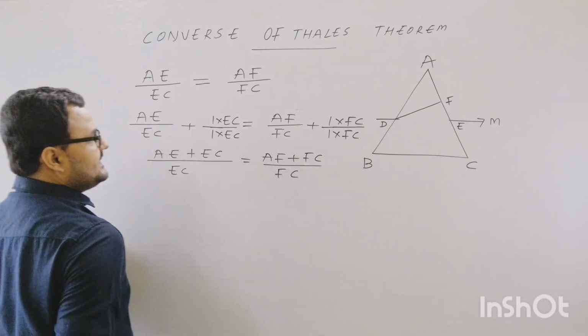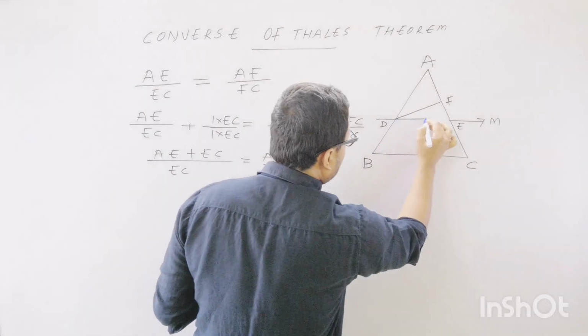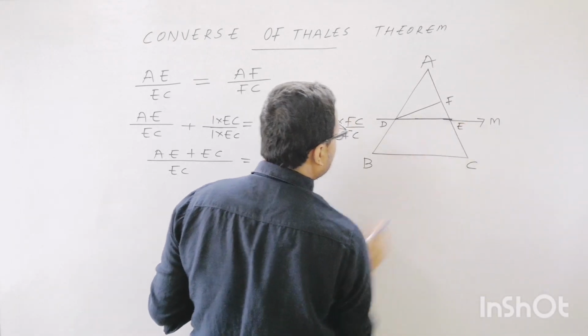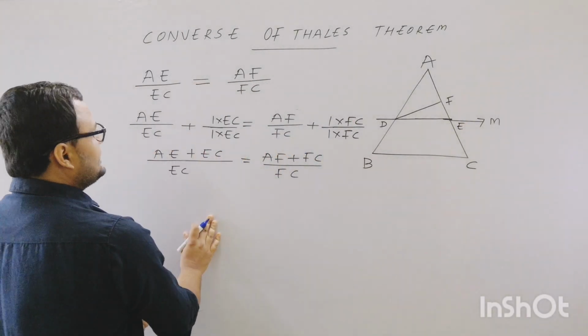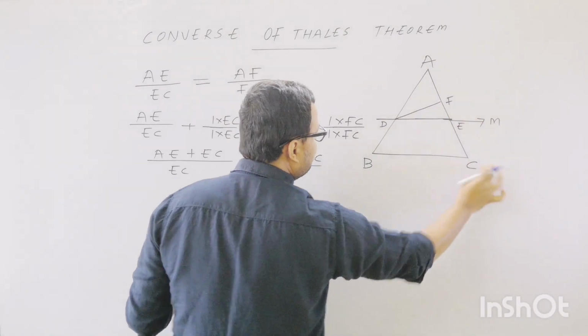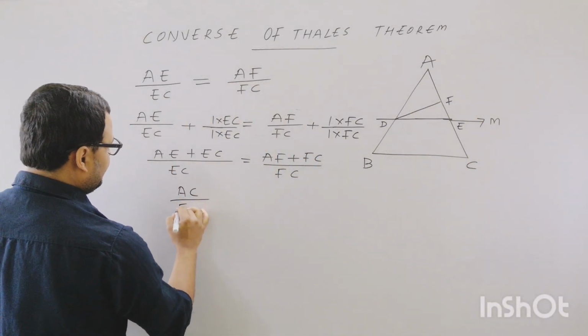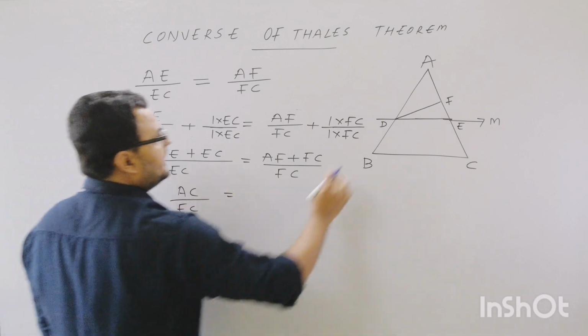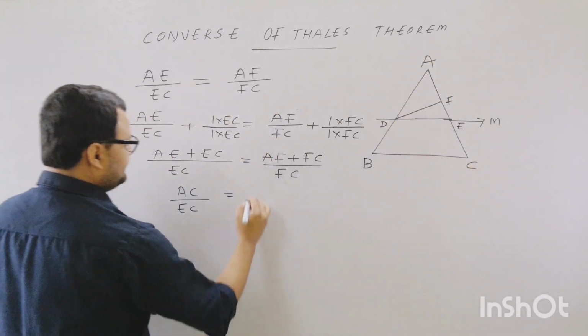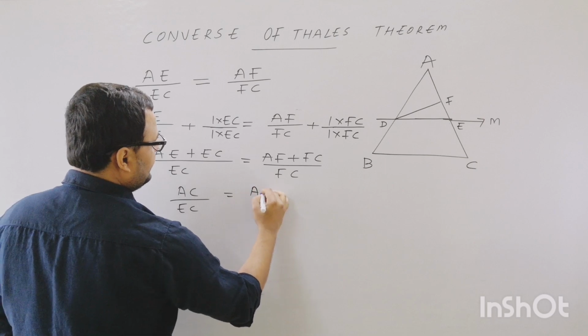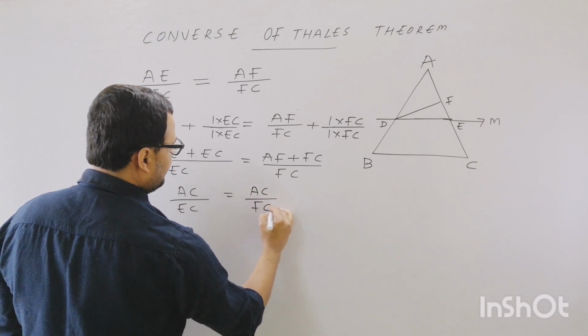Now AE plus EC, I am going to join this line, that is DE. Now AE plus EC gives AC, divided by EC, equals AF plus FC, again AC, divided by FC.